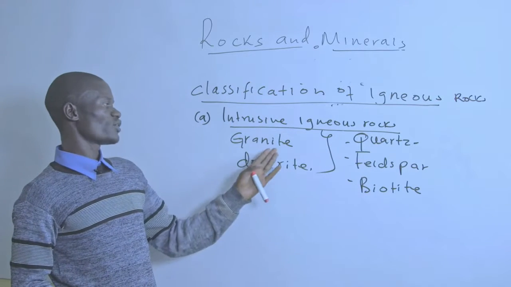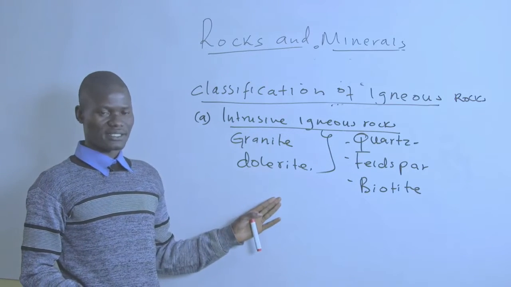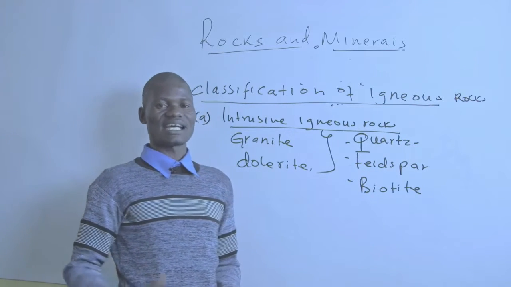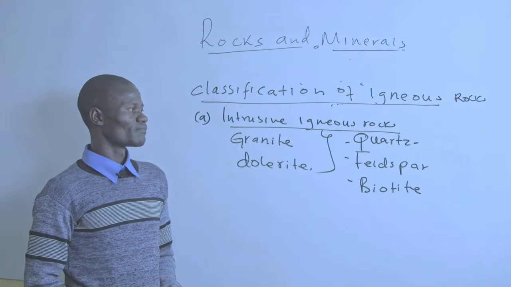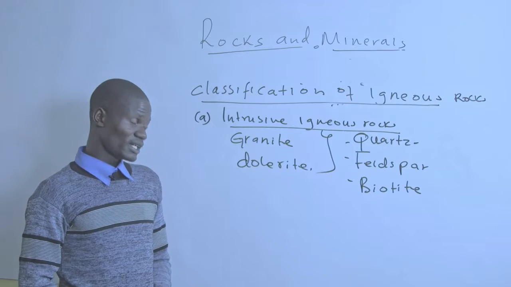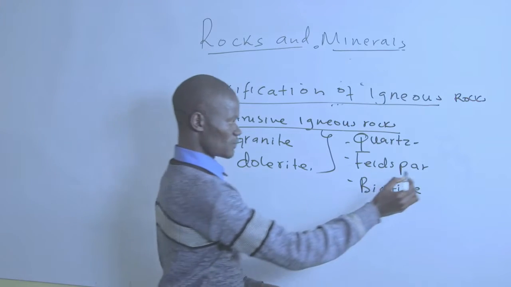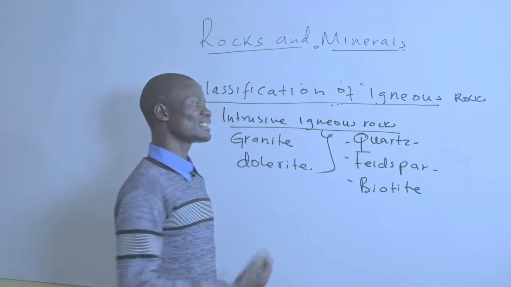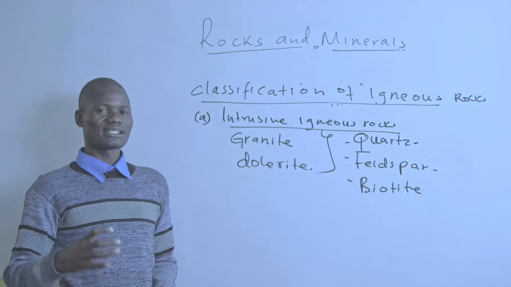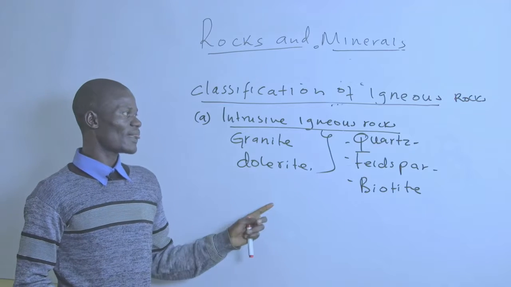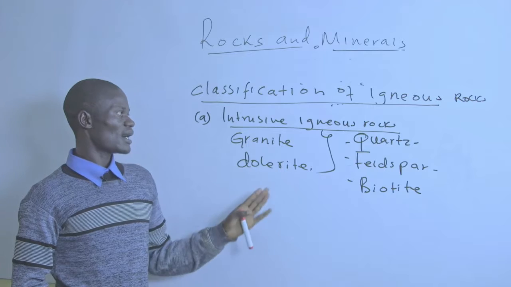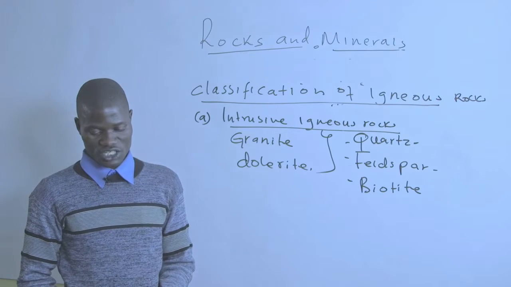These are the contents of granite and dolerite. Quartz has a characteristic of being glassy because it's a light colored mineral, and feldspar is slightly dark colored, but it gives dolerite a different gray color, helping us classify it as an intrusive igneous rock.